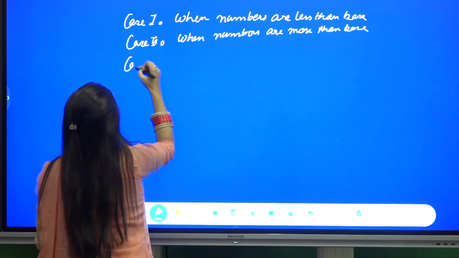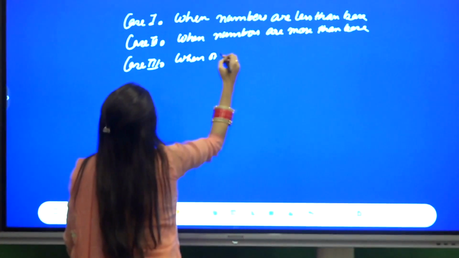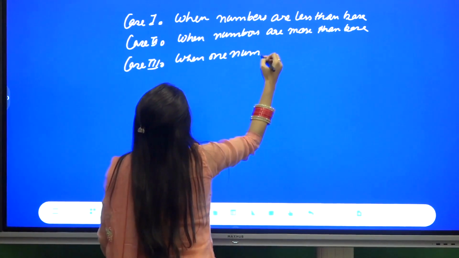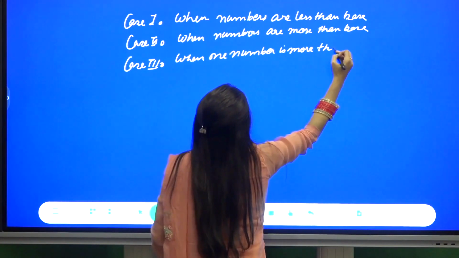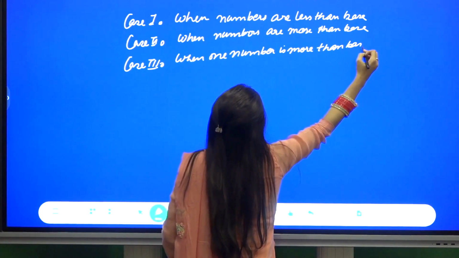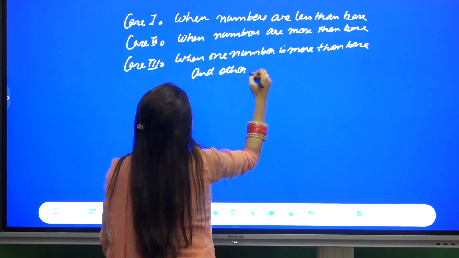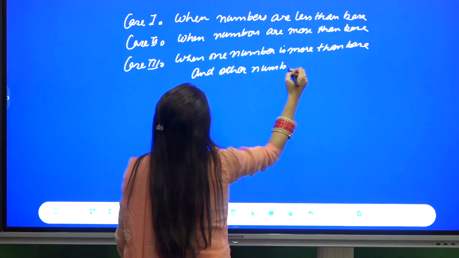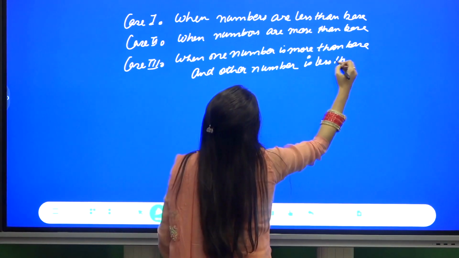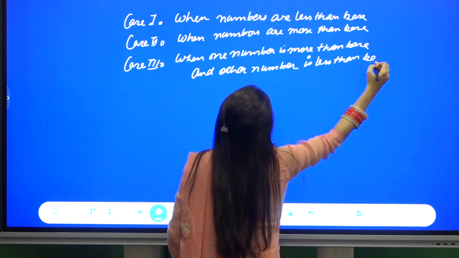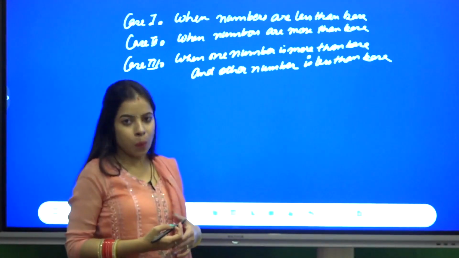Case 3: when one number is more than base and the other number is less than base. So, let us see these cases one by one.